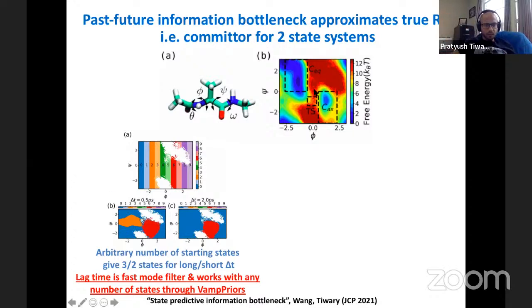And as this SPIB method, state predictive information bottleneck, we call it SPIB, progresses, depending on how far into the future you're trying to predict, the populations of the state disappear. If you're predicting very far into the future, which is already 2 picosecond, you get only 2 states. If you're predicting half a picosecond into the future, you get 3 states.